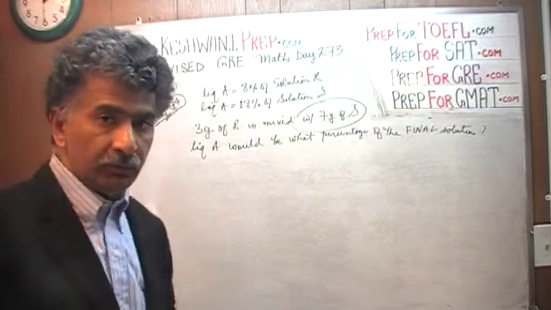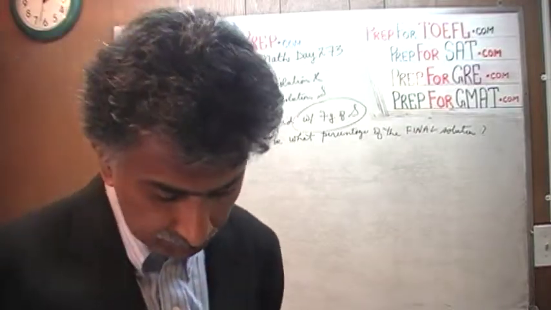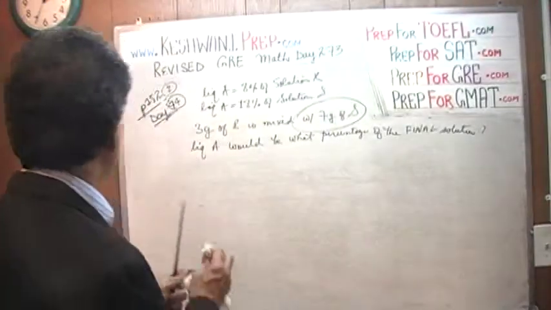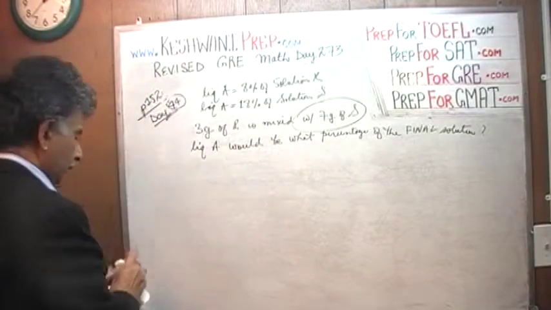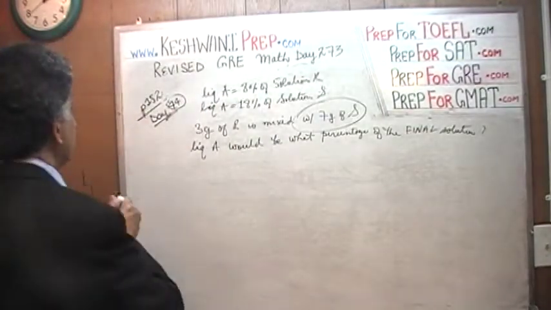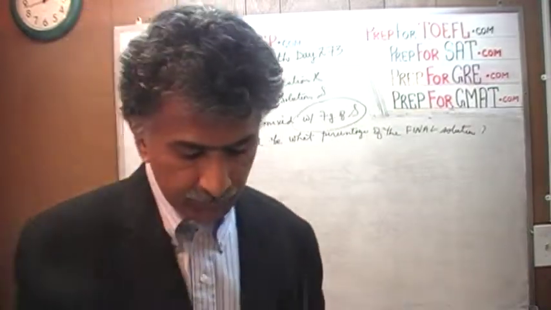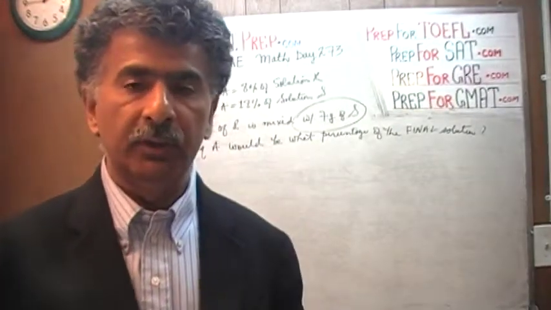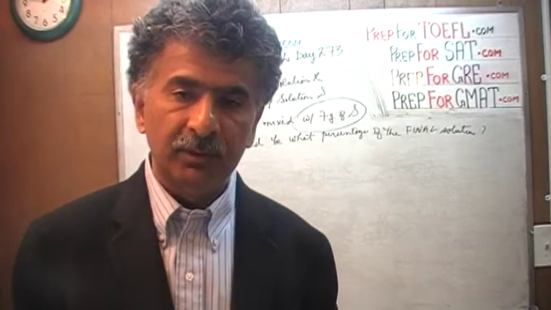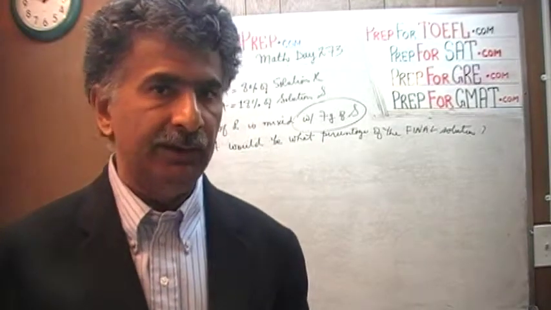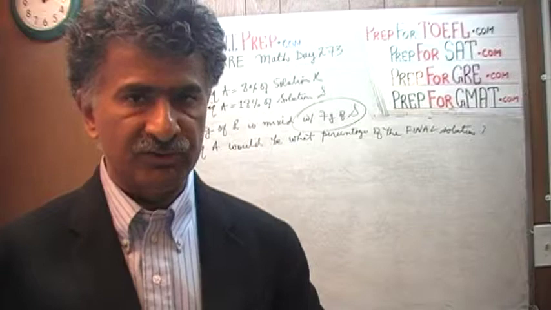The very first problem we're going to do today is problem number 9, the problem about the liquid. Problems 9 and 10 are the ones we're going to do, and these are the exact same problems that appeared on the exact same page number in the first edition of the revised GRE.